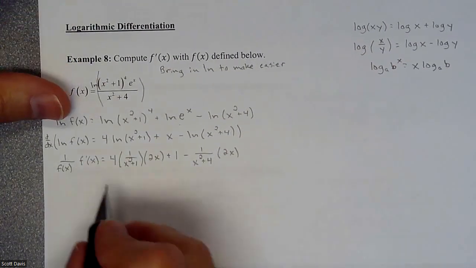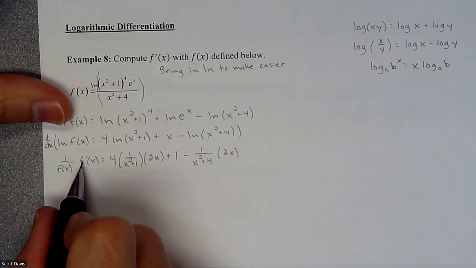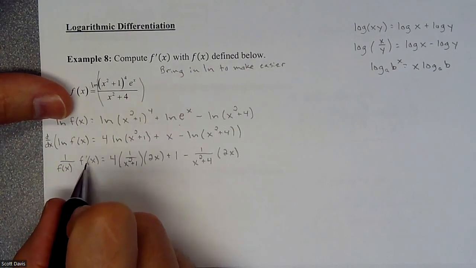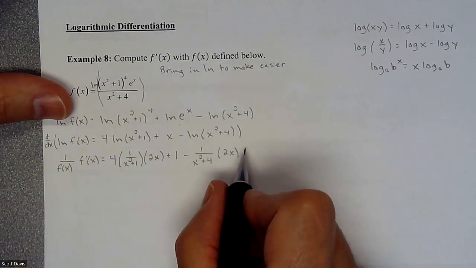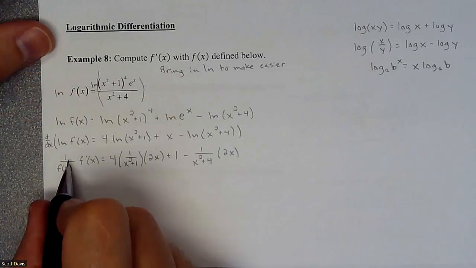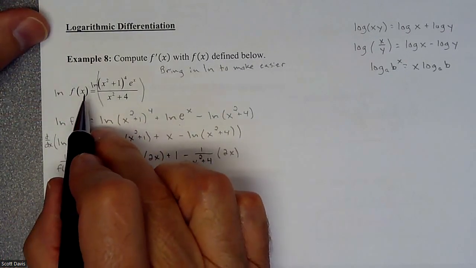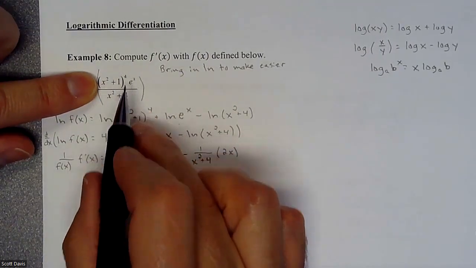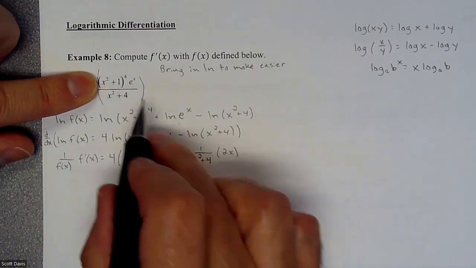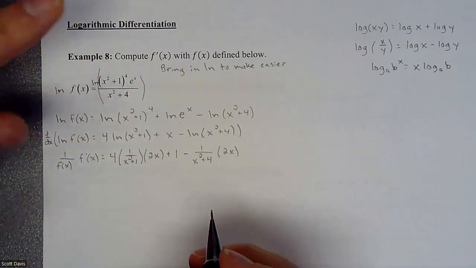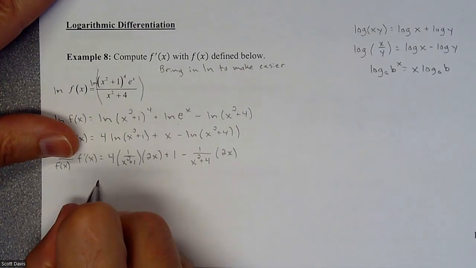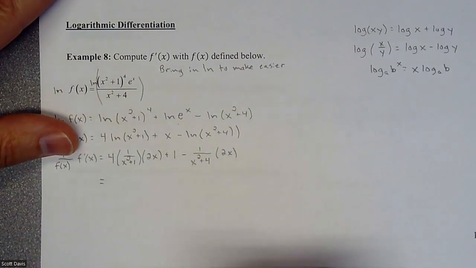We would be done. Our goal is now the algebra part. The algebra part is we need to isolate this because we're trying to find the derivative equation. So I need to simplify this a little bit. And this, I actually know what this is because f of x equals, before I natural logged it, that piece. So we're going to pull that over and replace. Okay, so a little bit more left. If I could try to put this stuff together, let's do a little bit of algebra and see how far we can go with it.